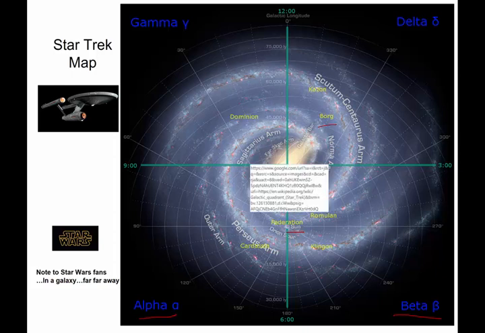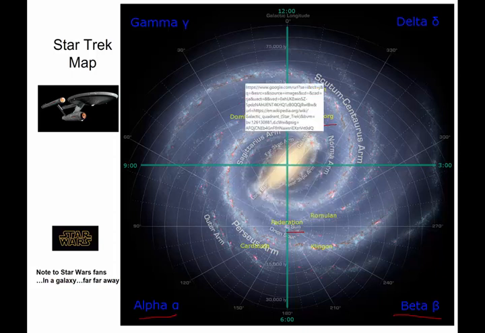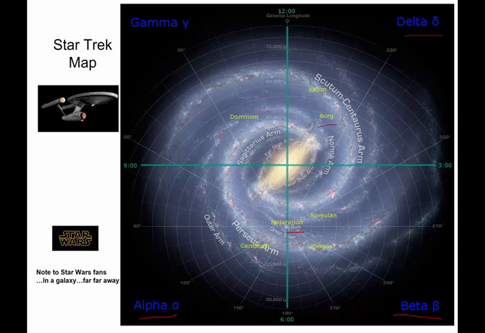They are over on the Norma arm and the Scutum Centaurus arm in the delta quadrant. The Dominion, another section of Star Trek, is over in the gamma quadrant of the Milky Way. And then the Klingons are over in the beta quadrant, and then the United Federation of Planets, home, Earth's the sun. This is right between those two.